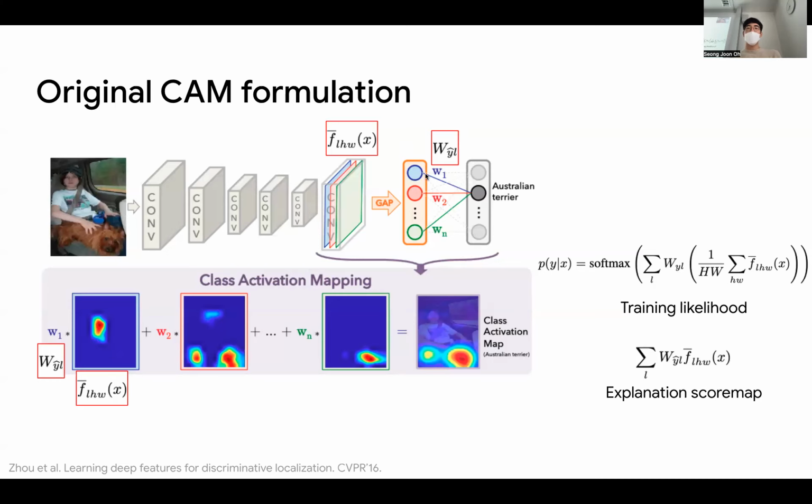And after global average pooling, they do one linear layer into the classes that you wish to predict. So for every class, you have a dedicated weight attached to every hidden dimension here, okay?